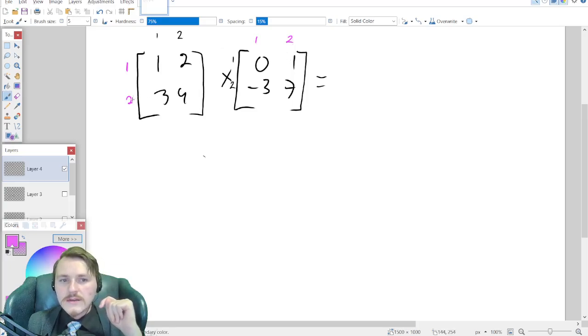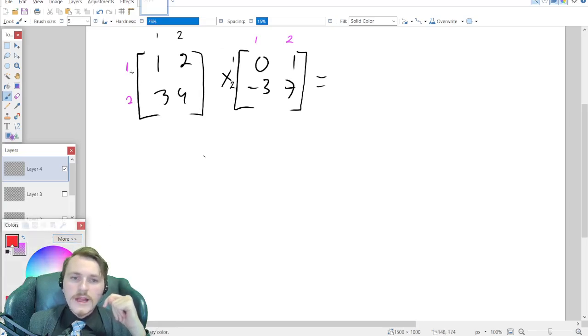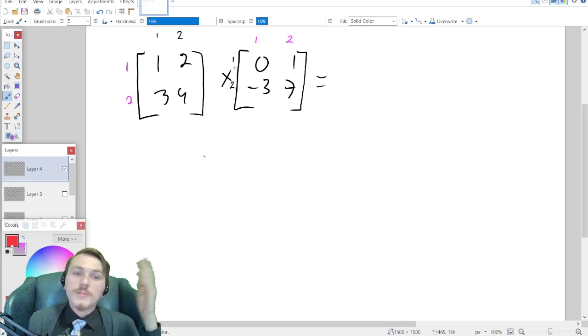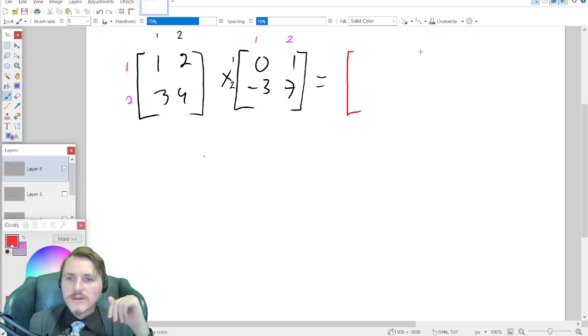It has 2 rows and 2 columns. So the resulting matrix is going to be 2 by 2. It'll have the same number of rows as the first, same number of columns as the second. So everything matters. The columns of the first and rows of the second need to be the same, and the dimensions of the resulting matrix will be whatever is left. The rows of the first and the columns of the second, 2 by 2. So we're going to have our 2 by 2 matrix.